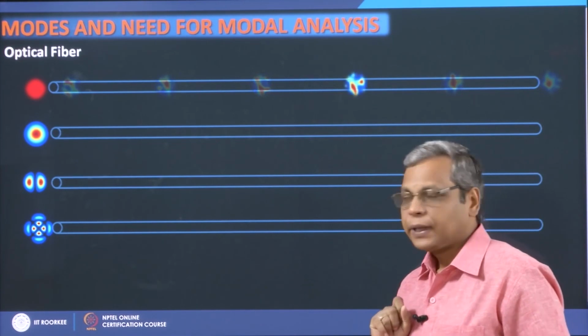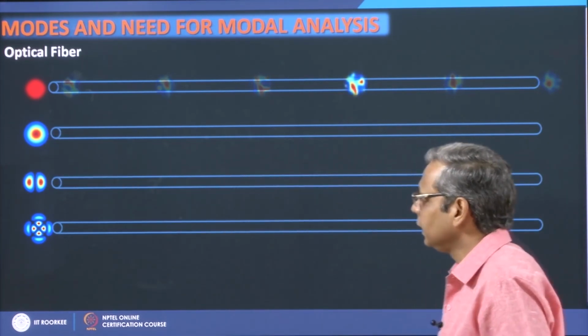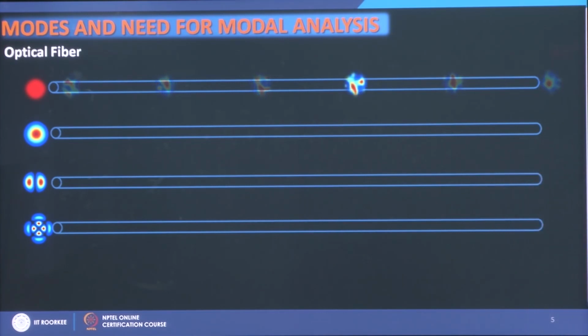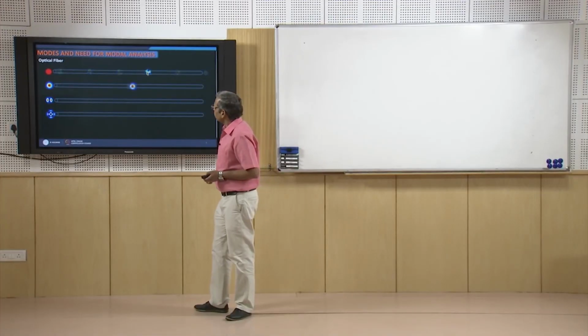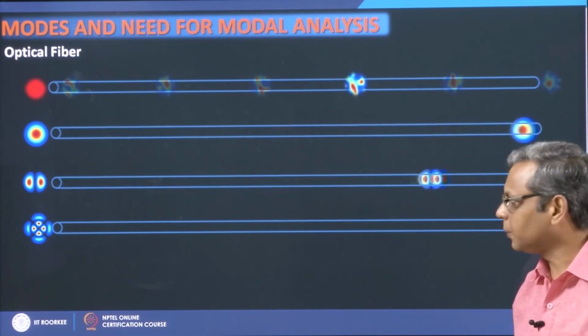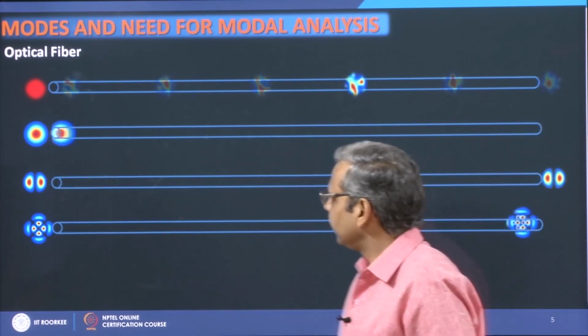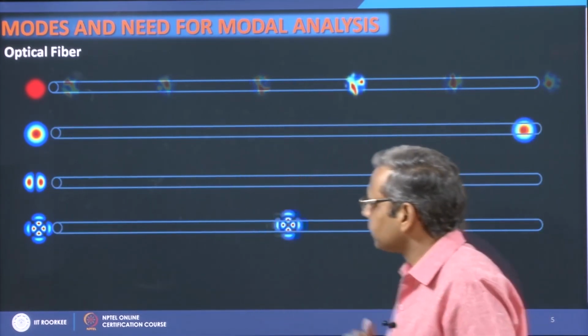However, if I launch this particular intensity pattern in the fiber, then it goes as it is, it does not change its shape. Similarly, another one like this and yet another one.